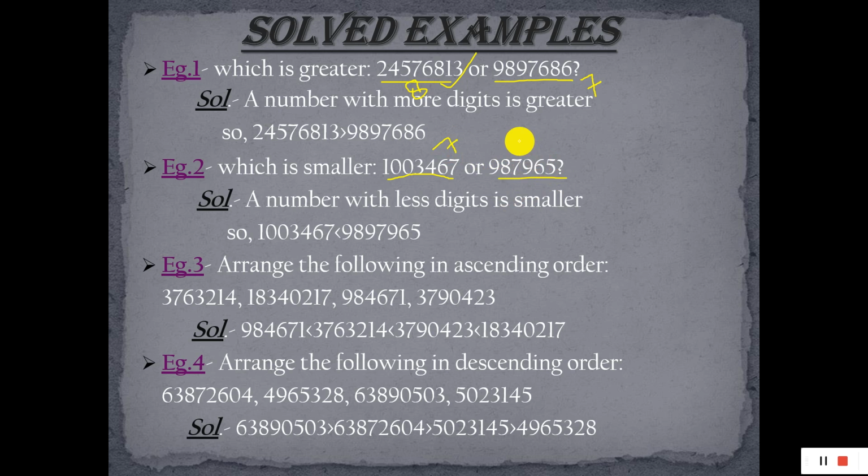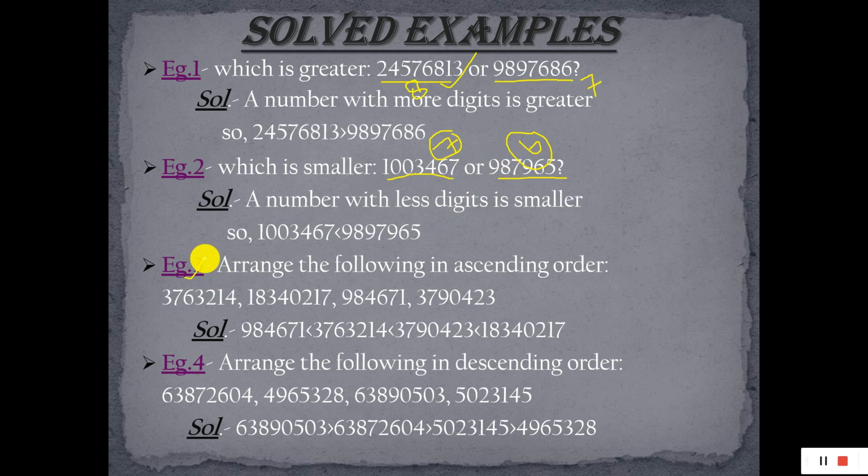In this number, there are 6 digits. You can see 7 is greater than 6. And in this example, which is smaller? So 987965 is smaller.